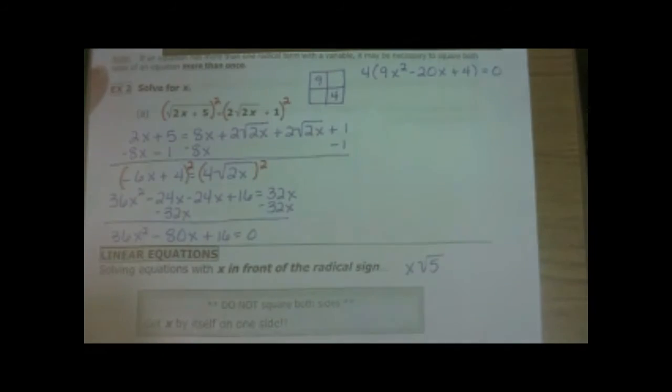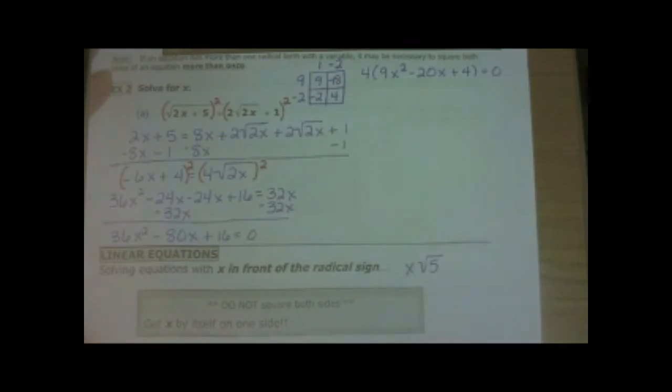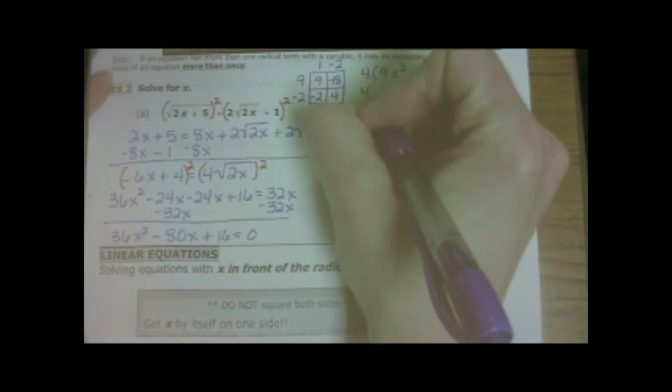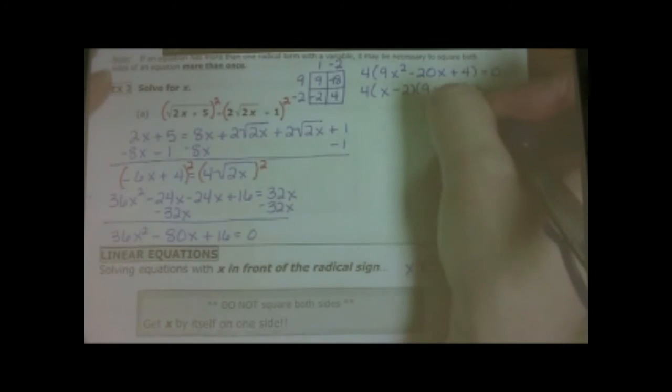So I need two numbers that multiply to 36 and add to negative 20, and that's negative 18 and negative 2. So I'm going to put those in the boxes. My greatest common factor is 1. 1 times 9 is 9. 1 times negative 2 is negative 2, and 9 times negative 2 is negative 18. So this factors 4, and then x minus 2, and then 9x minus 2 equals 0.